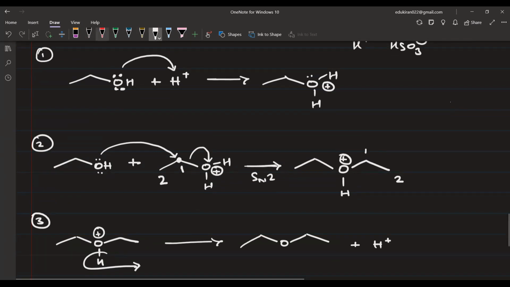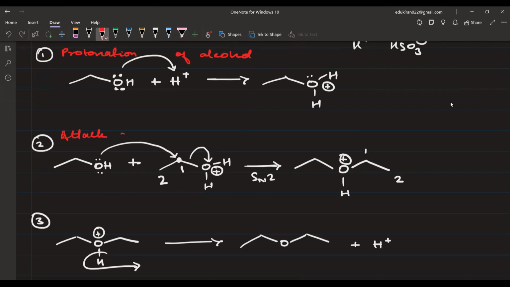So first step is protonation of alcohol. Second step is attack of nucleophile. Third step is deprotonation. And here the attack of nucleophile happens via SN2, and that will give us some points to remember. Okay, so please write these 3 steps in the mechanism: protonation of alcohol, attack of nucleophile, and deprotonation.